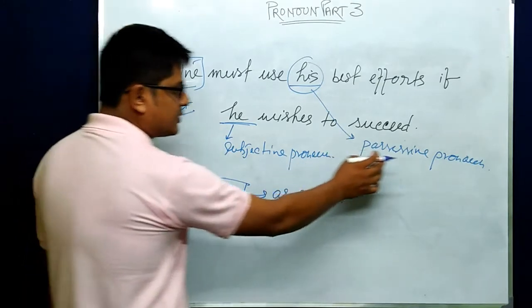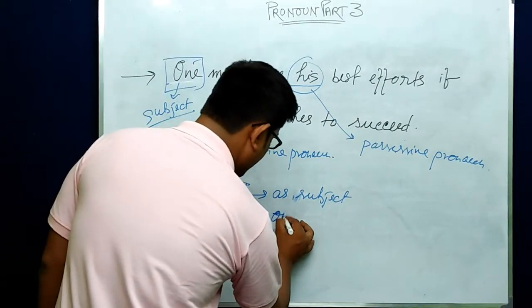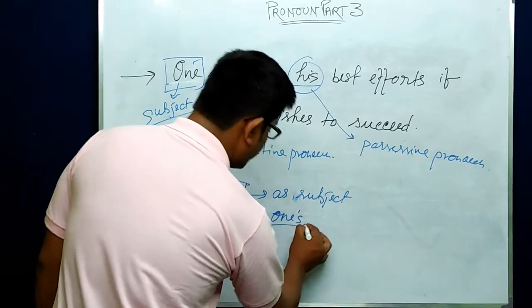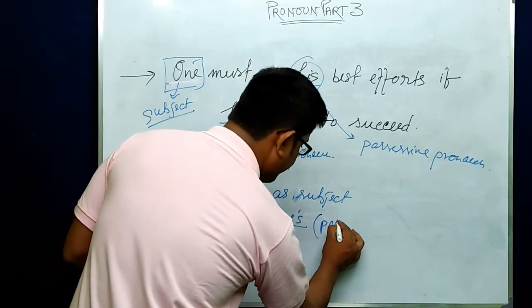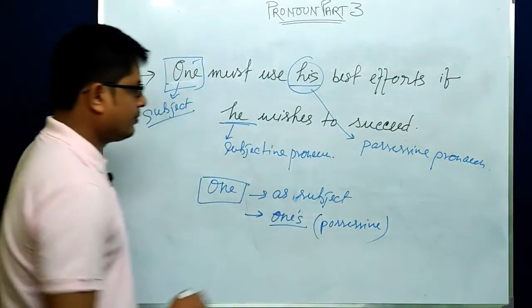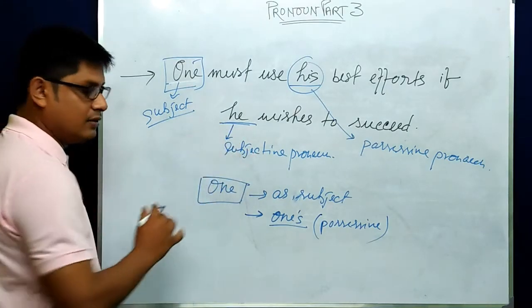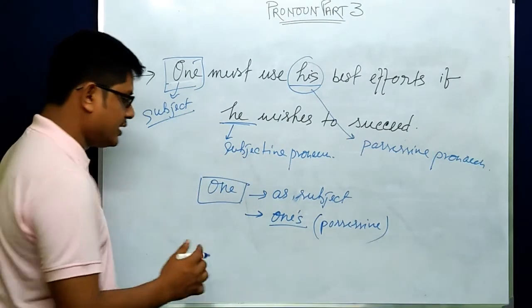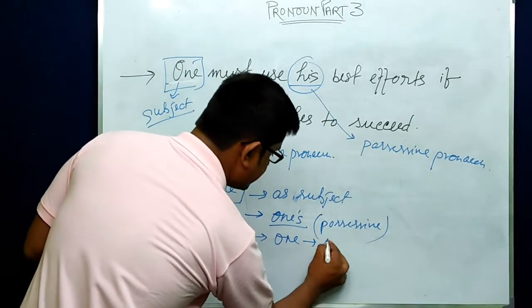So if it is a possessive pronoun, then you have to use "one's", O-N-E apostrophe s. Then I have used a subjective pronoun. So "he", no, don't use "he" or "she". Again, you have to use "one" as subjective.